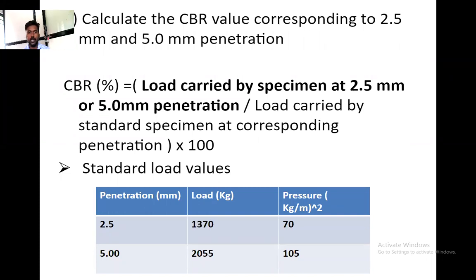Please write down these loads, as they may be asked in MCQs. So you should know the standard load for the standard penetration. All of you, please write down this table.